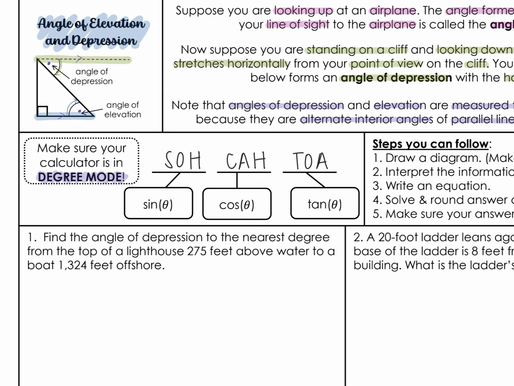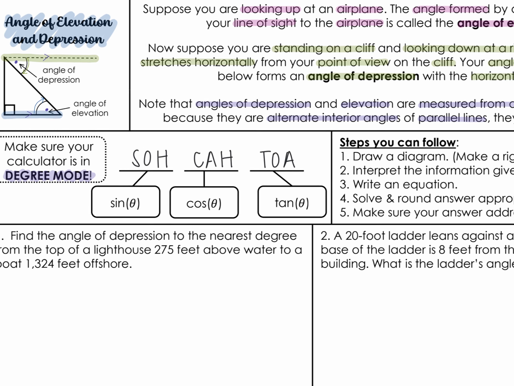That's going to stand for our sine of theta is equal to the opposite over hypotenuse. Our cosine of theta is equal to the adjacent over hypotenuse. And tangent of theta is equal to opposite over adjacent.